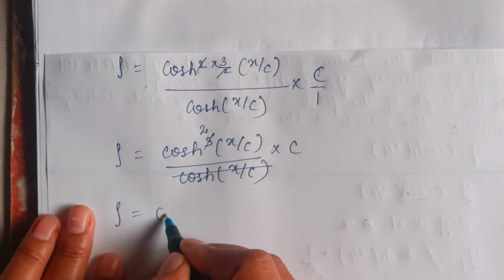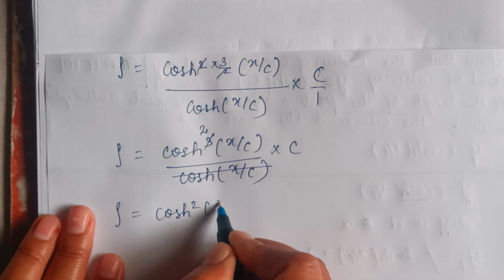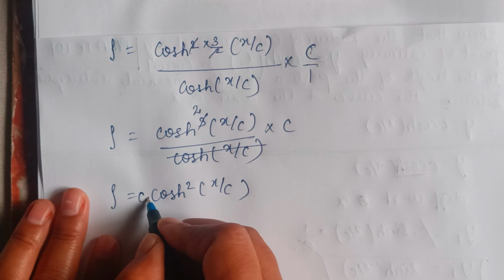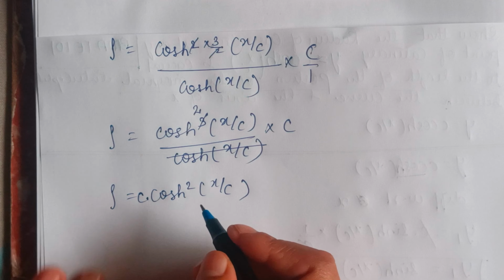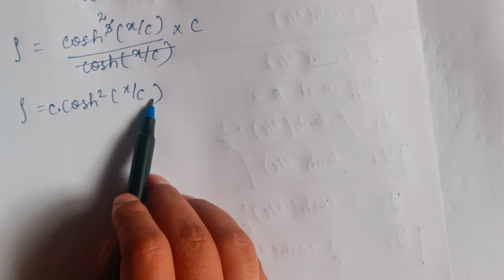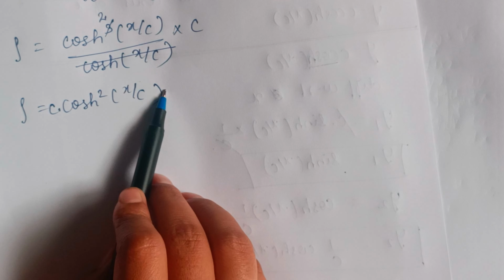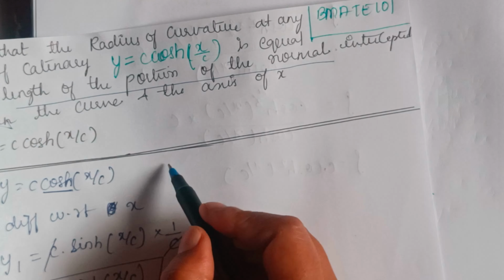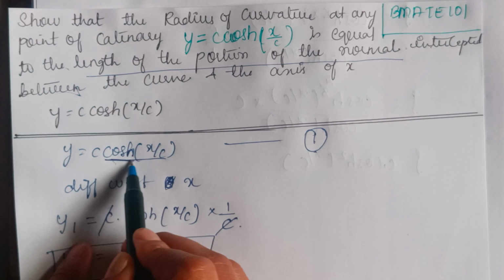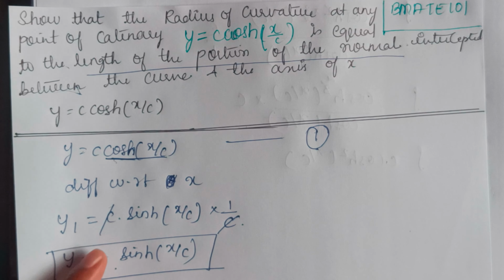Rho equals cos hyperbolic square x by c into c. Let me consider this as equation 1. So from here I can find the value of cos hyperbolic x by c.